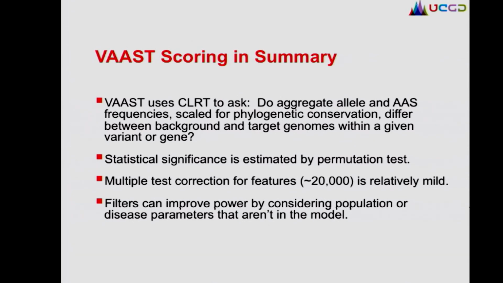Multiple test correction, as I mentioned before, then is relatively mild compared to scoring every variant site in the genome for your population. It's going to cap somewhere around 20,000 features if you're scoring genes in the human genome. And then the filters that I talked about can help you improve power by considering population or disease parameters that weren't explicitly in the model.